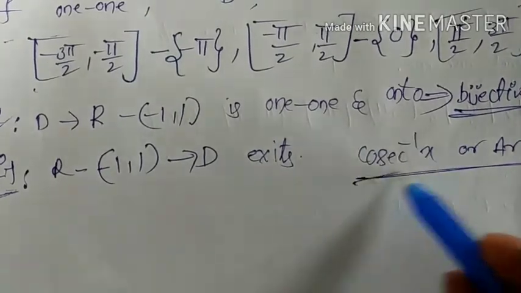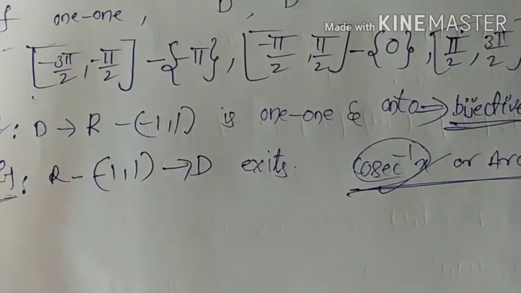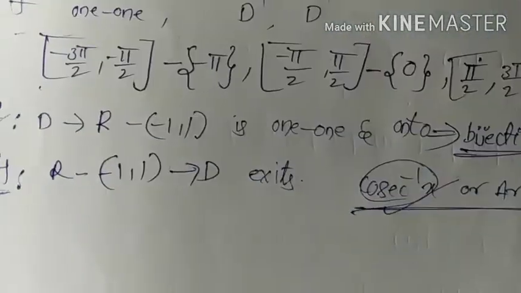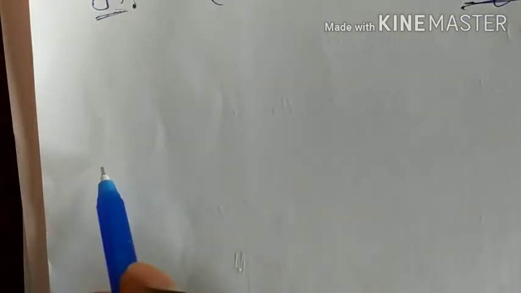In general we use this notation. Okay, now let's see the graph of the cosecant function. After that we look into the graph of the inverse of the cosecant function. Just a little variation as compared to the secant function.